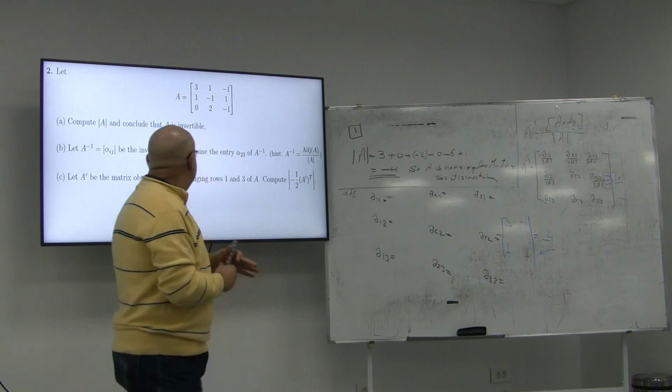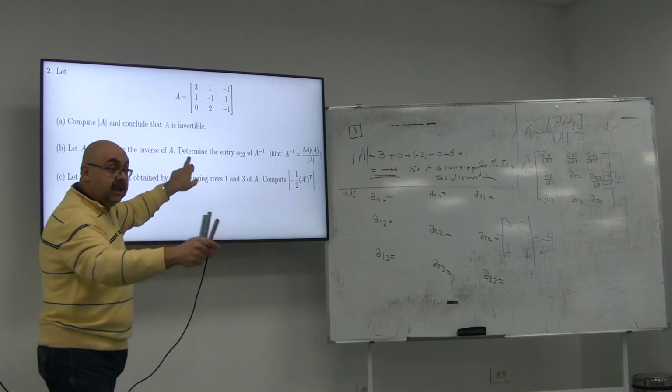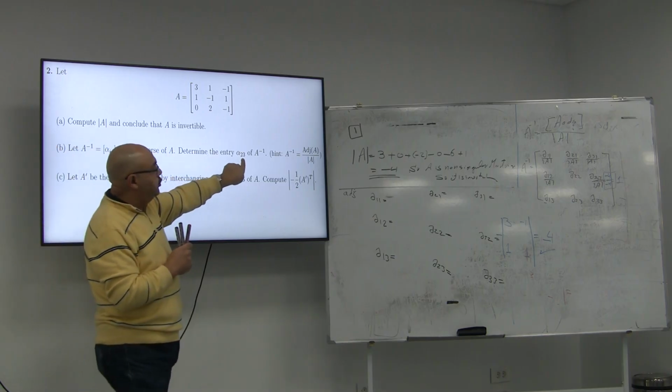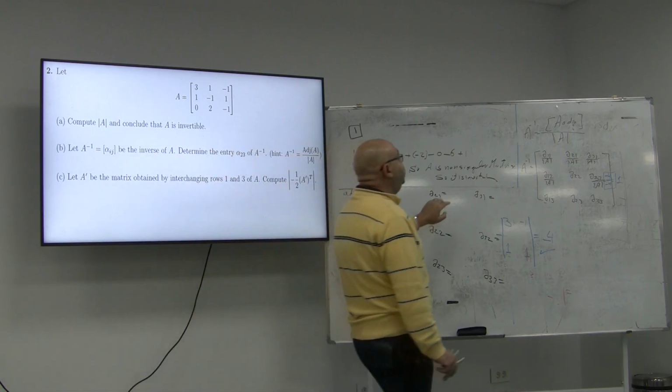Okay, I want to calculate this entry directly. I will go for the entry 2 3. I will close my eyes and go for the inverse.